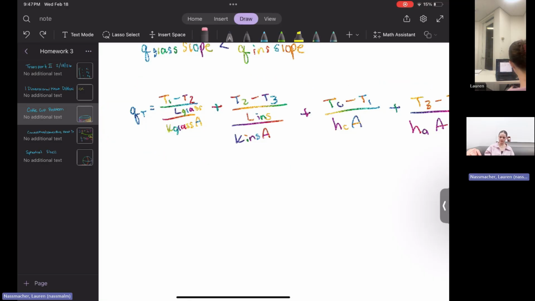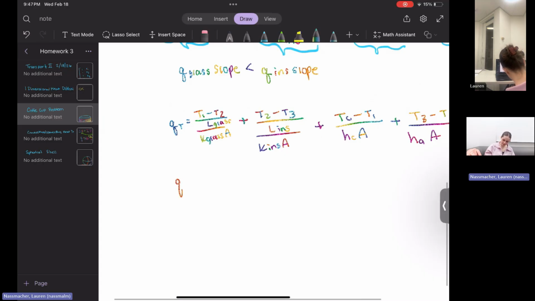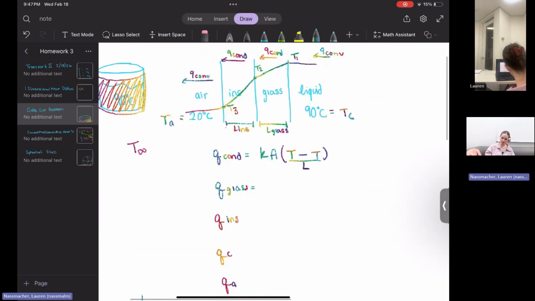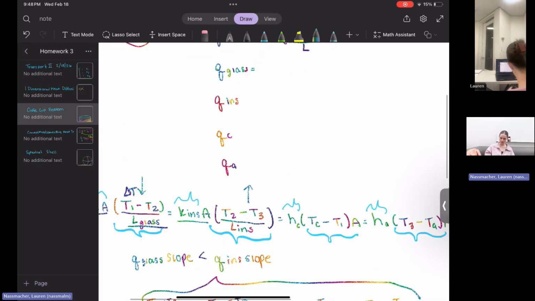So for this heat transfer process, we can then simplify it by realizing that this change in temperature is just the change in temperature from the coffee all the way to the temperature of the air, which is the temperature at infinity, right? Because the air goes on, we're assuming forever. We're assuming there's nothing in its way.